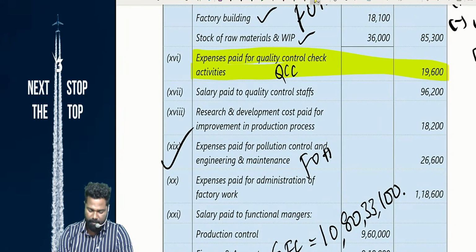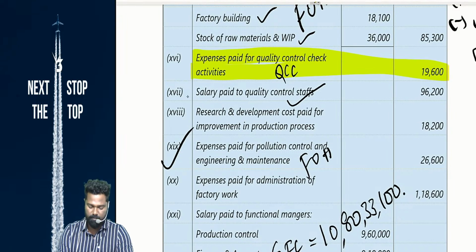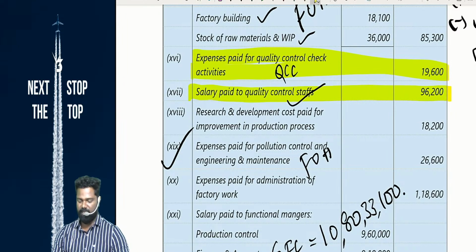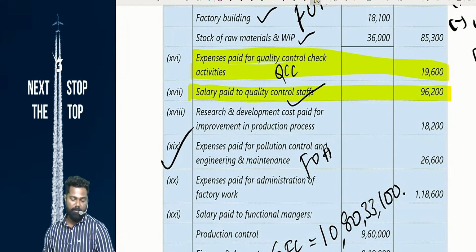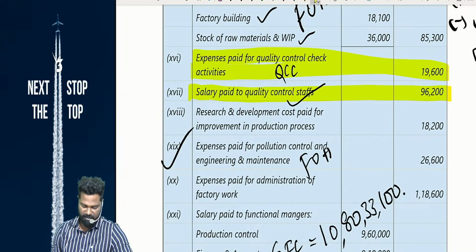What are they? Salary paid to quality control staff will also come. Say it, children. Two items will come under quality control. Please write. Under quality control cost, expenses paid for quality control check, 19,600.